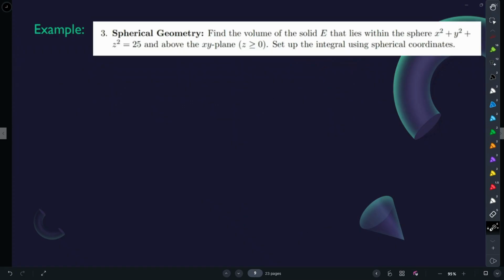All right, let's move on to spherical geometry. How do we integrate over the solid E that lies within the sphere and above the xy plane in spherical coordinates? Again, a sketch helps because this is a sphere of radius 5. 1, 2, 3, 4, 5.